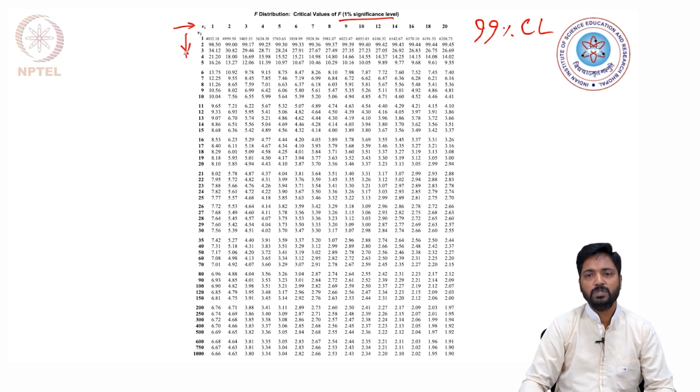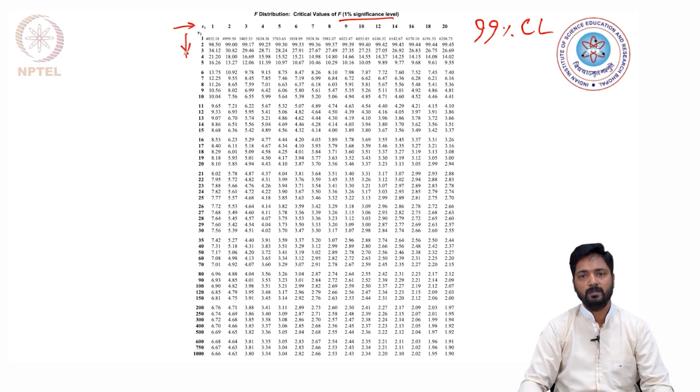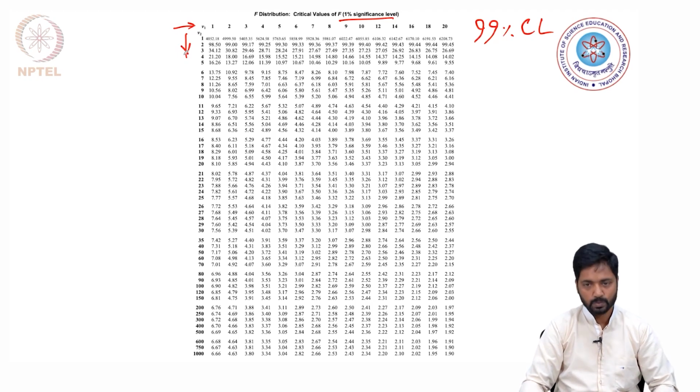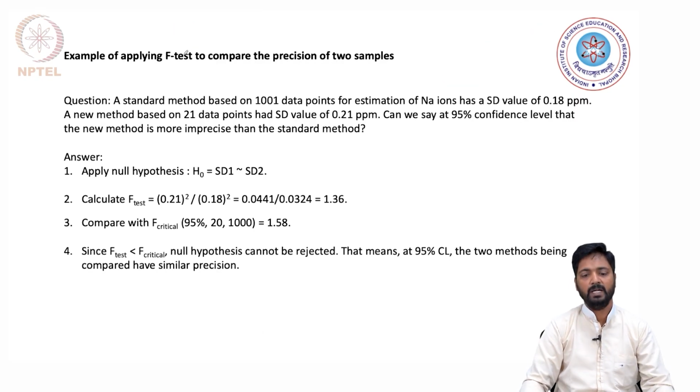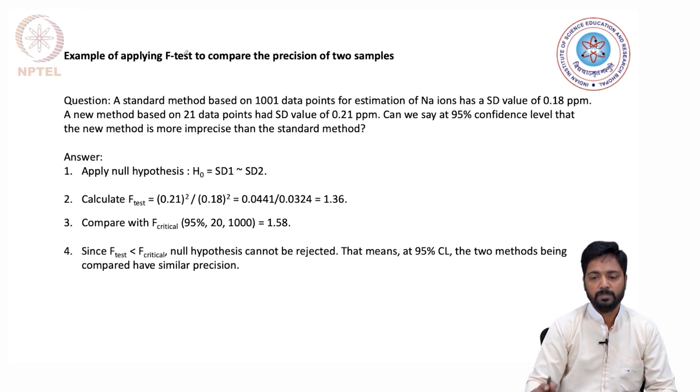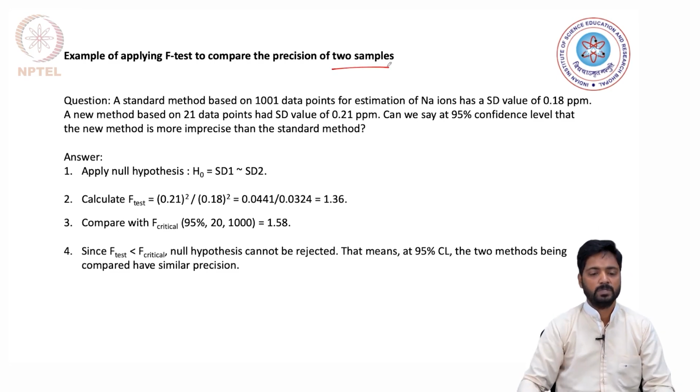So we can utilize the F table and conduct the F test to compare the variances or the precisions between 2 samples that are being compared. Let us actually apply this F test to compare the precision of 2 samples.